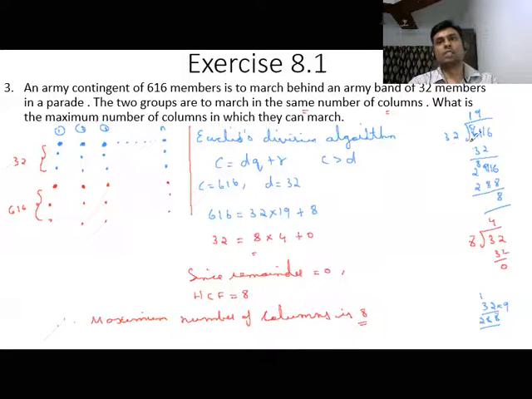So 616 divided by 32, you will get quotient as 19 and remainder as 8. Then what will happen? Next step, divisor will become dividend and remainder will become divisor. So 32 divided by 8, 8 fours are 32. Once remainder becomes 0, that divisor is the highest common factor. So maximum number of columns is 8.